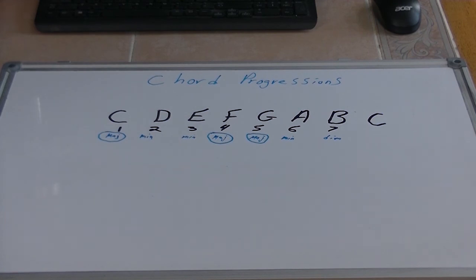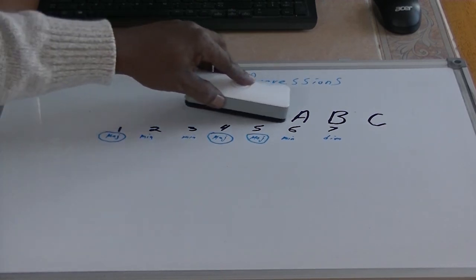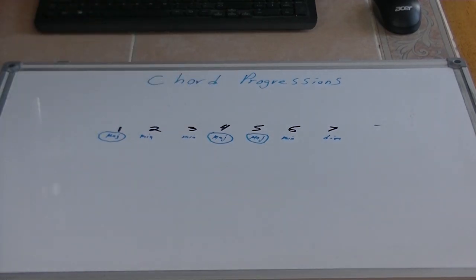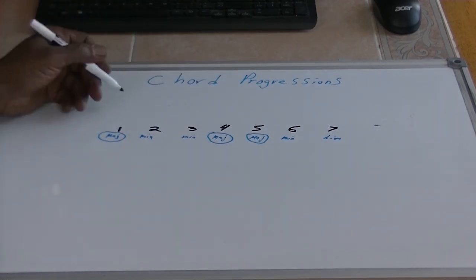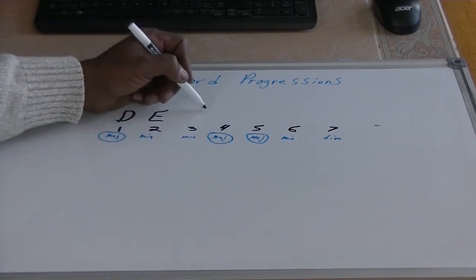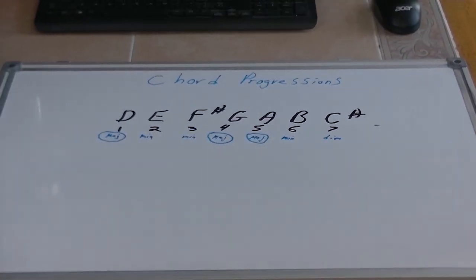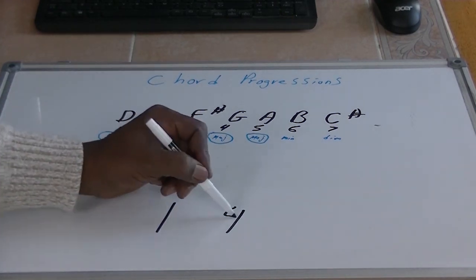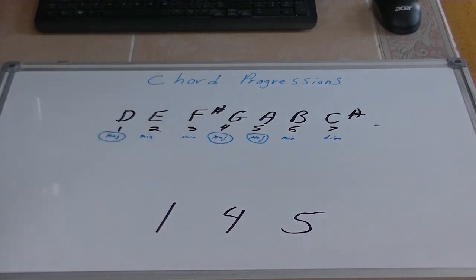So, not to confuse you, but let me just give you a simple example of this. So I'm just going to take this out, and we're going to go from the key of C major to the key of D major. So I'm just going to write in my D major scale. I just want to give you a quick example by using the 1, 4, 5 chord progression.